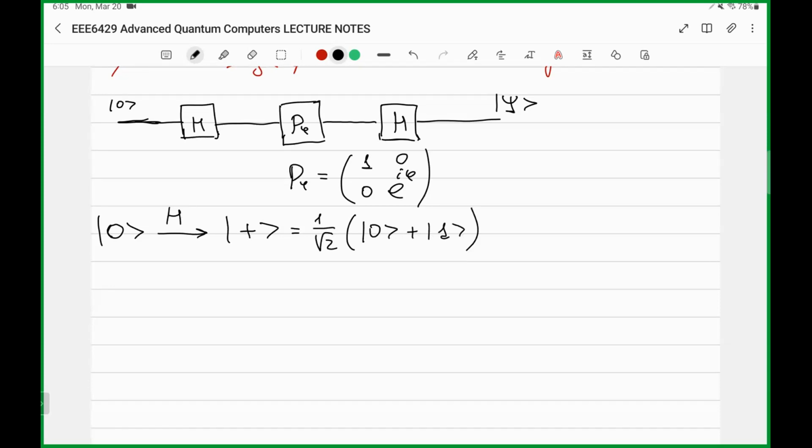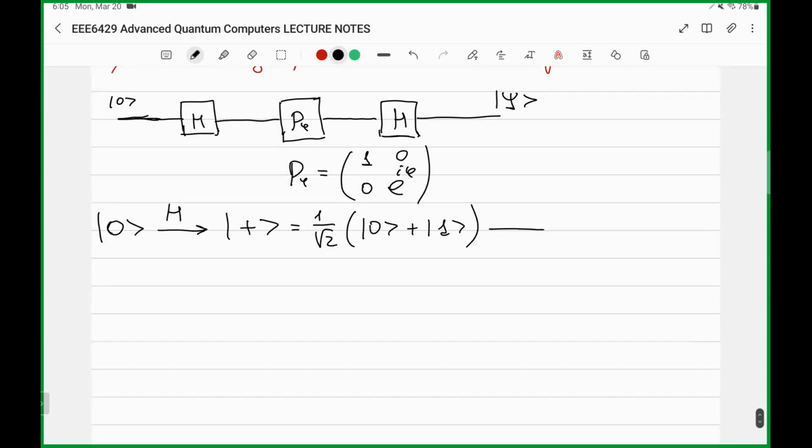So this is the first operation. The second operation is this gate PEF. What it does, it leaves the state 0 unchanged, and the state 1, it multiplies by this phase term like this.